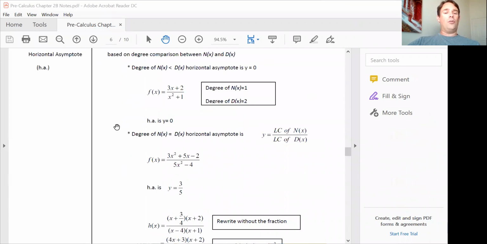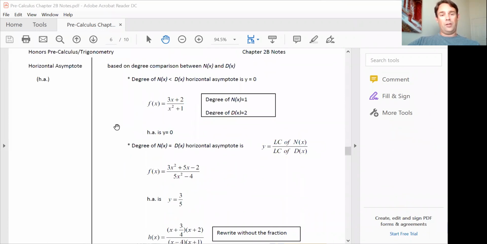The next part is the horizontal asymptote. Okay. Horizontal asymptote. Now, there's going to be 2 different times you can have a horizontal asymptote. And it has to deal with the degree of the function. If the degree of the function is bigger in the denominator than the numerator.